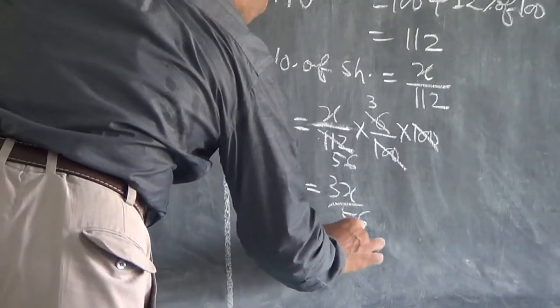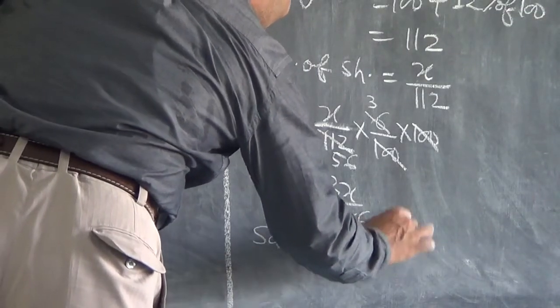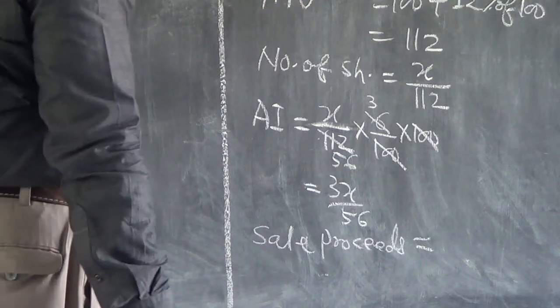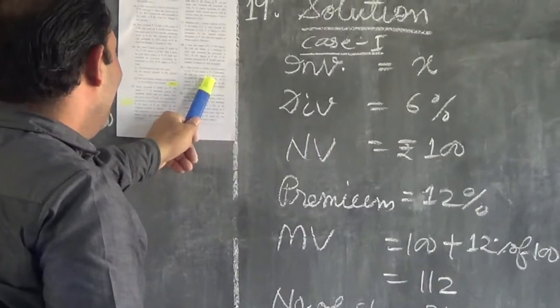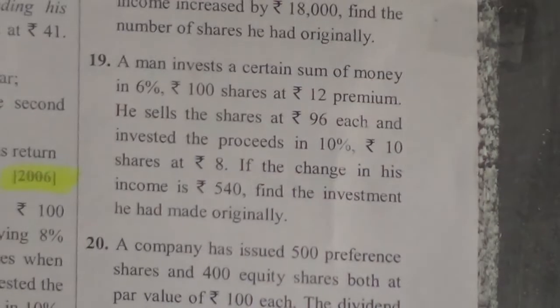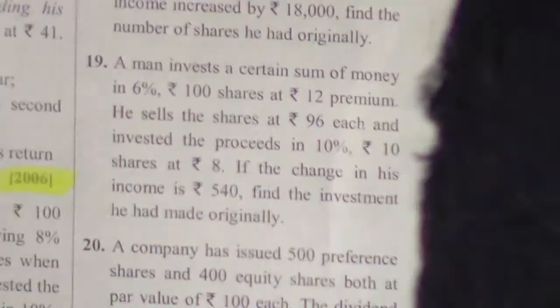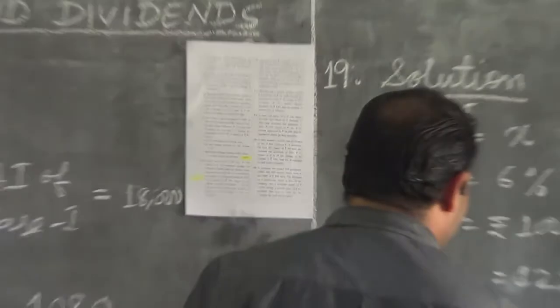And then sale proceeds. At what price had he sold each share? He sells the shares at rupees 96 each. So see here, we got one market value here, 112.